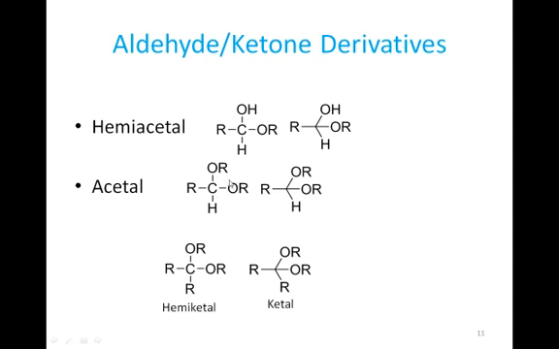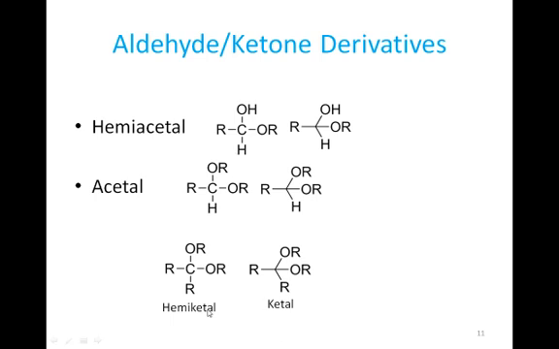When we name these compounds, we just call them acetals if they have OR in each case, but it would be a hemiacetal if there's only one OR and the other one's an OH. We have similar compounds: if you had an R group here instead of an H, so if you started off with a ketone instead of an aldehyde, this would be a ketal.